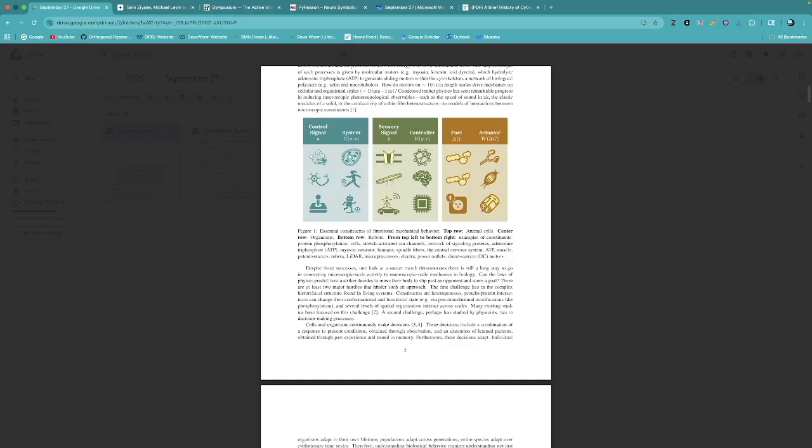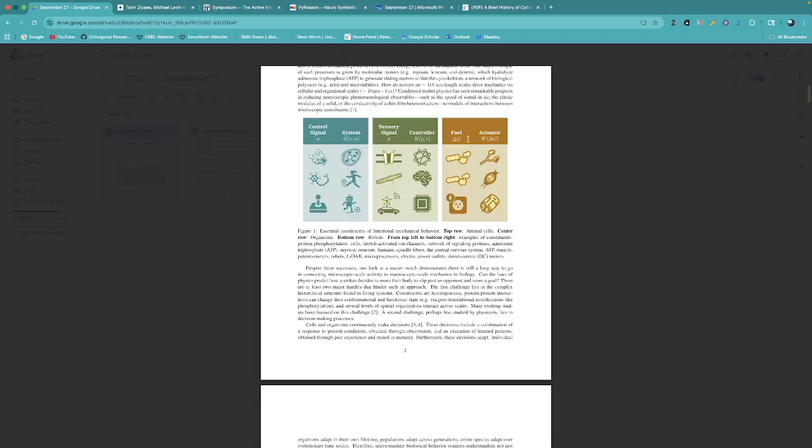We have axonal conductance, which controls dynamics in the brain. And then we have the sensory signal for an autonomous vehicle, which controls a microchip and a microcontroller. So these are just different instances of the sensory signal being used to control a system.